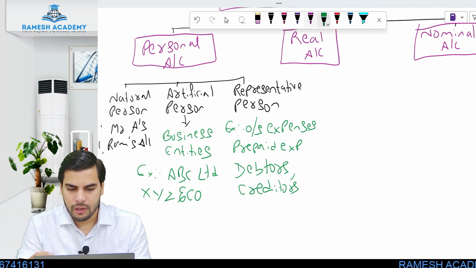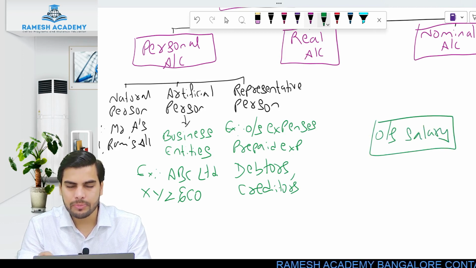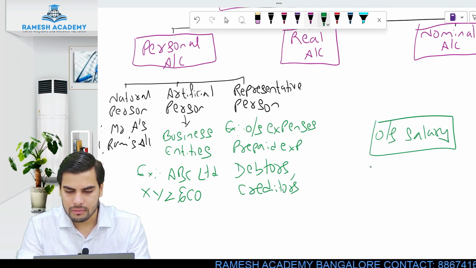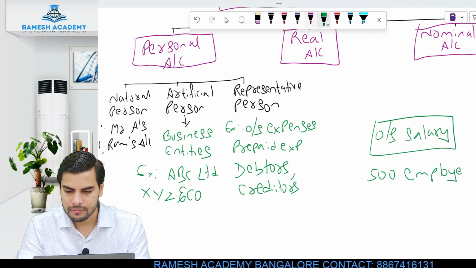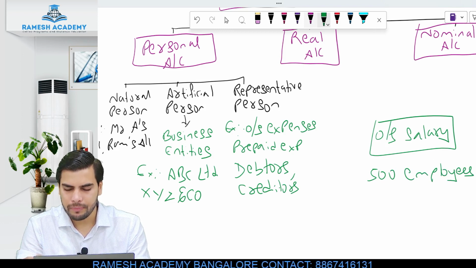Look at this carefully. When I say outstanding expenses, let's take an example of outstanding salary. What is outstanding salary? I've incurred the salary expenses, but I haven't paid it yet. So in my organization, there are, let's say, 500 employees working for me.